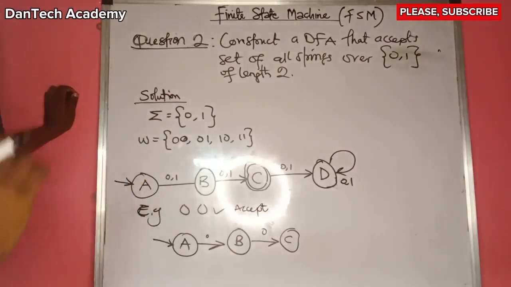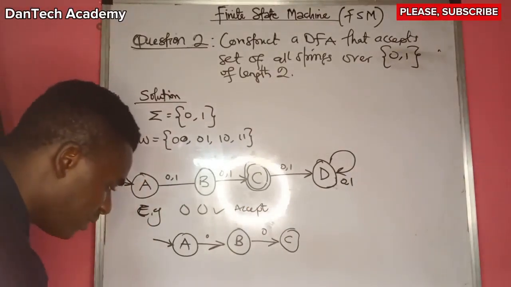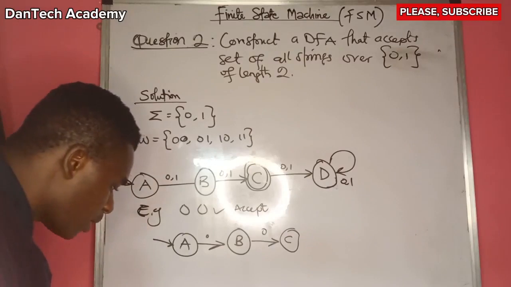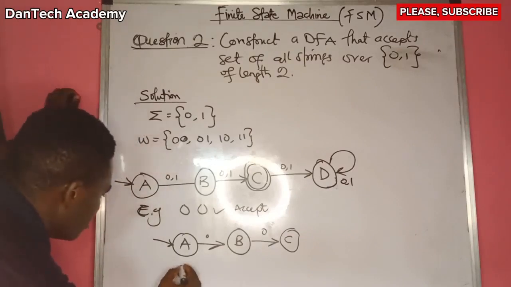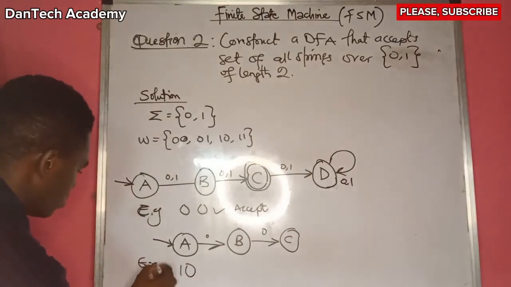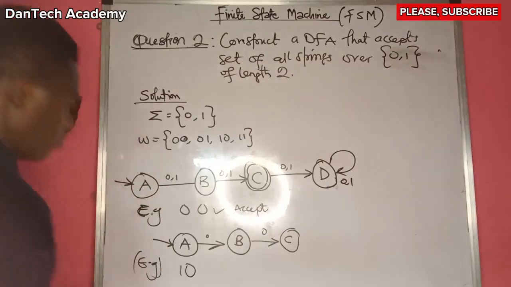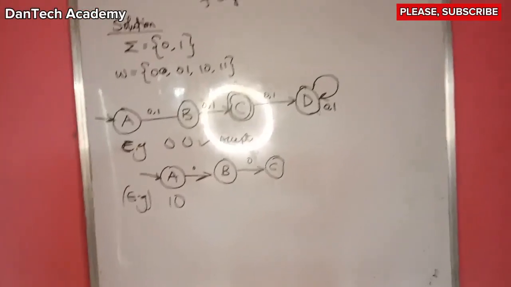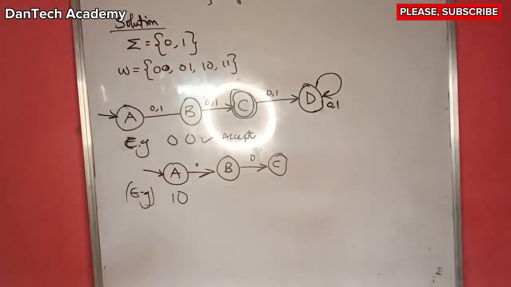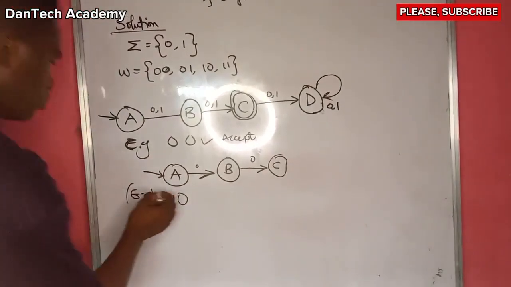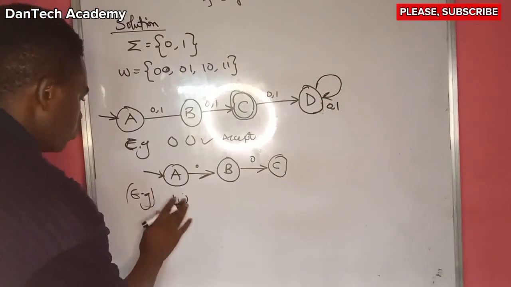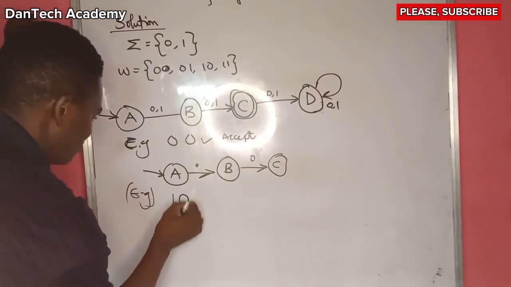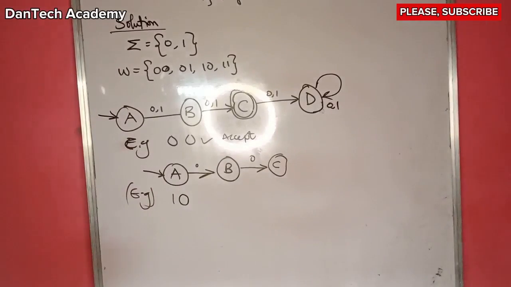Good. Another one, let's say we have 1, 0. Let's see if 1, 0 is accepted or not. So let's say we have 1, 0 in this case.